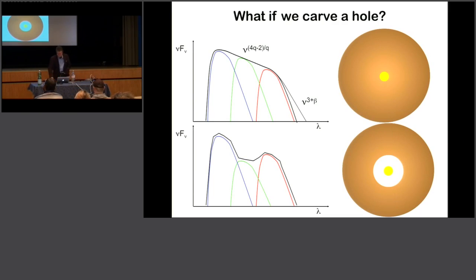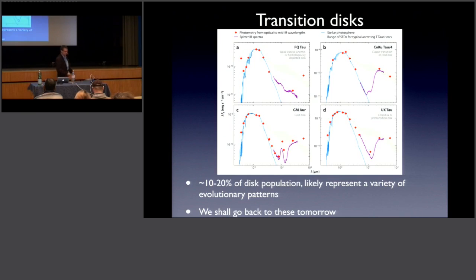There are objects that show this type of spectral energy distribution. These are the so-called transition disks. They are a variety of objects that sometimes look very different from one another, and sometimes look very similar. We will get back to this. We think they are related to the evolution of the disks.